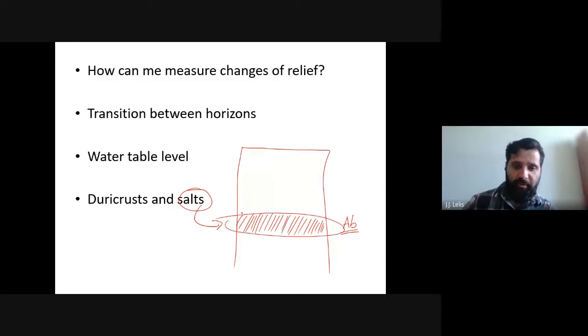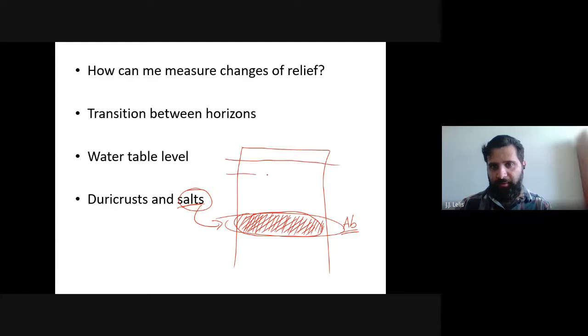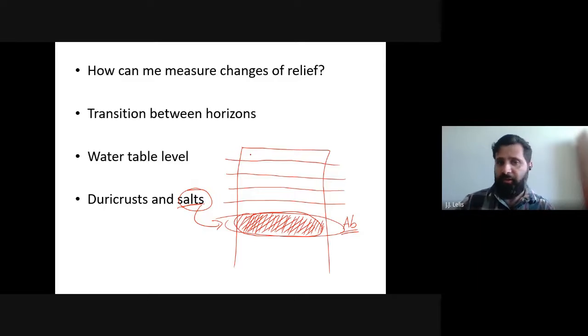And of course, if you can see a horizon that presents a lot of salt, you can indicate that this surface horizon was formed in dry conditions, and maybe the horizons that are overlying this horizon were formed in wet conditions.